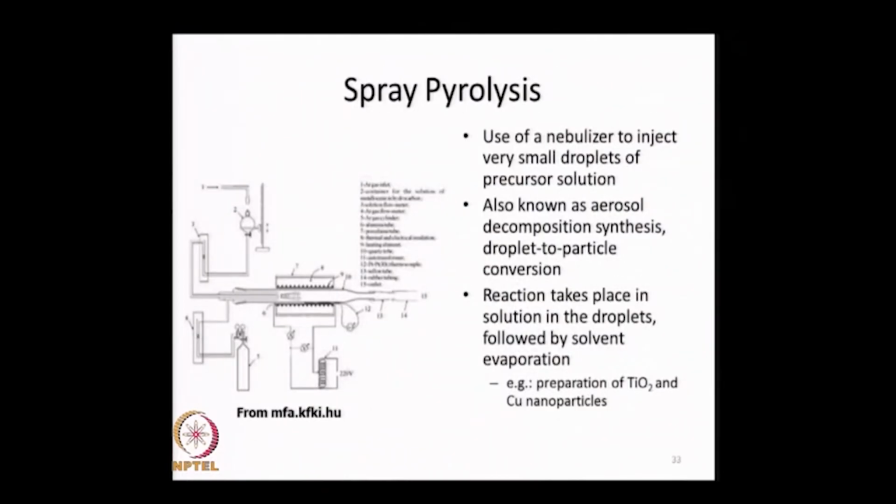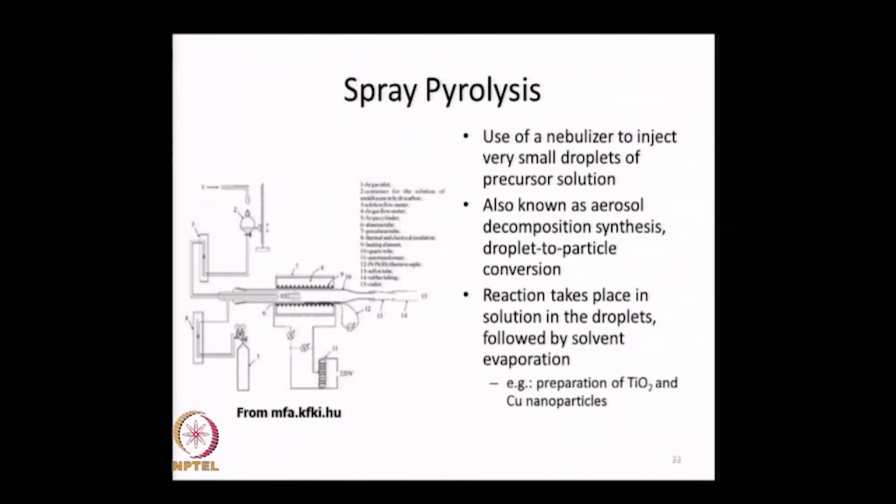The next technique is spray pyrolysis. In spray pyrolysis, essentially we make very small droplets of the precursor using a nebulizer, and you inject it into an evaporative environment. This technique is also known as aerosol decomposition synthesis, and it involves a direct conversion from droplet to particle. The reaction here takes place in solution in the droplets.